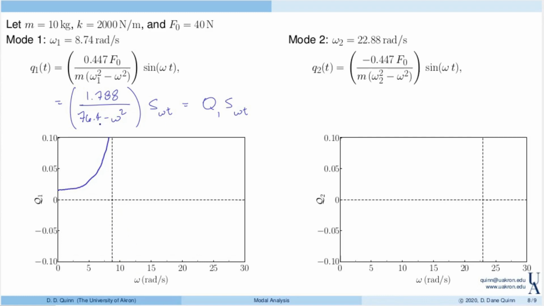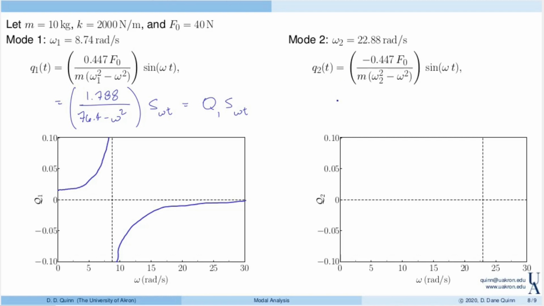Now for omega greater than this value, the denominator here is negative, so the response ends up with a negative amplitude and then drops to 0 as omega increases further. As omega gets really large, the denominator is negative and large, so the response goes to 0.